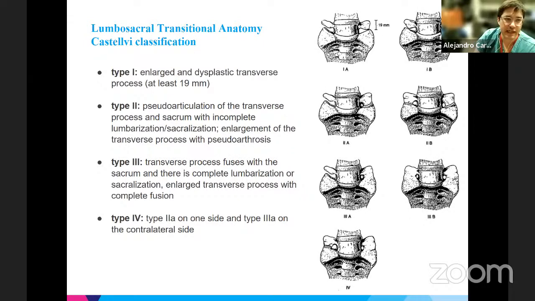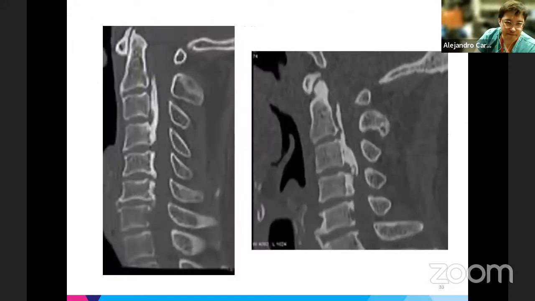Type 2 is an actual pseudoarthrosis or pseudoarticulation. Type 3 is a complete fusion of the transverse process to the sacrum. And type 4 is a combination of type 2 on one side and type 3 on the other side.